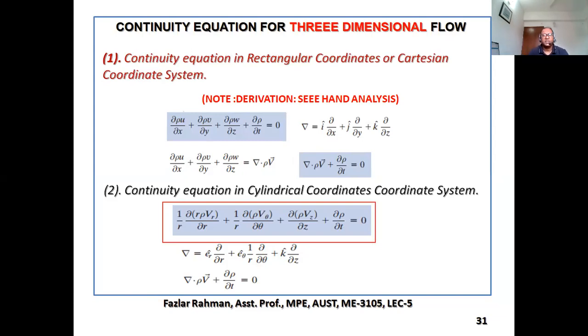We could derive it, but it would be a little bit in-depth analysis, so I skip it. So in the exam, I might say derive the continuity equation for compressible flow and deduce the equation for steady two-dimensional flow. Then I might say write the continuity equation in cylindrical coordinates. Okay.